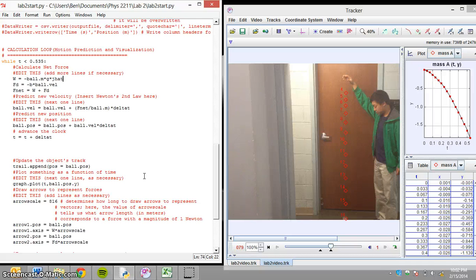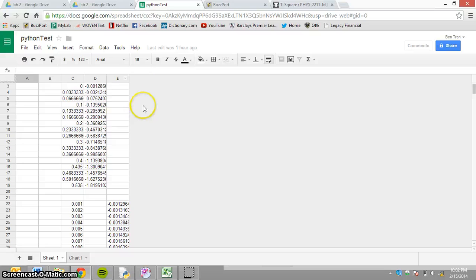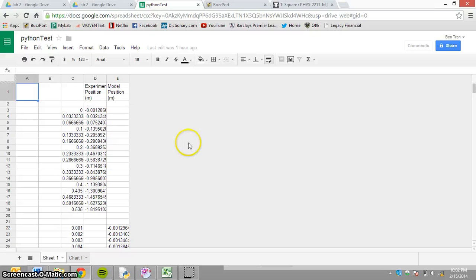So both Tracker and VPython give me y values corresponding to the time, so I used these to make a spreadsheet of the y values against the time. This column right here is the time, and this column right here is the experimental position, which is the Tracker position.